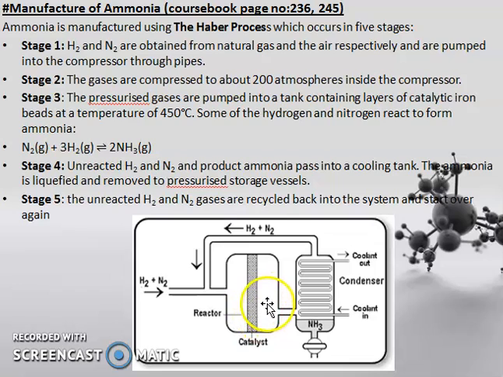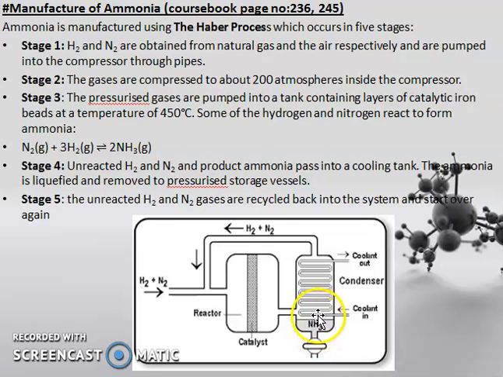So these gases are first compressed to about 200 atmospheres inside the compressor. It means it is pressed from upside, and then the pressurized gases are pumped into the tank containing the layer of catalytic iron beds. Now see, these are the catalytic iron beds at the temperature of 450. So in that, only some of the hydrogen and nitrogen react to give ammonia.